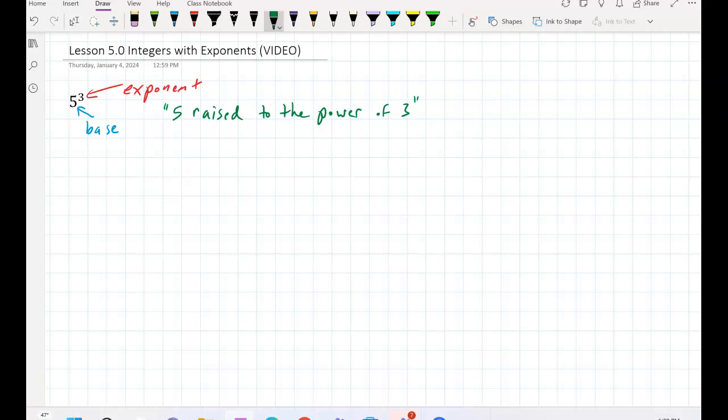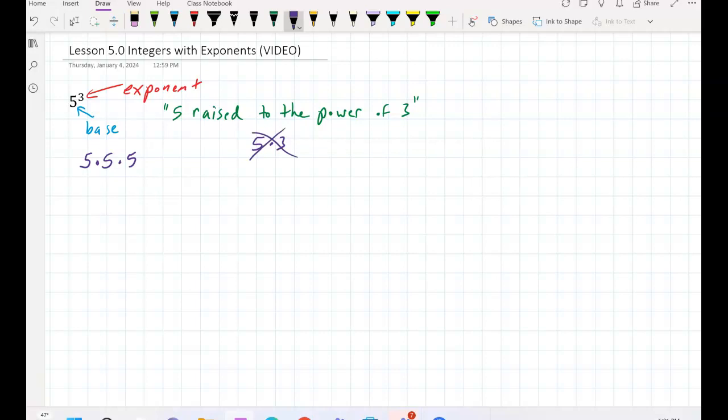Well, we take the base, the 5, and that means that we are going to multiply it by itself 3 different times. Not 5 times 3, okay? Definitely not. But it is 5 times 5 times 5.